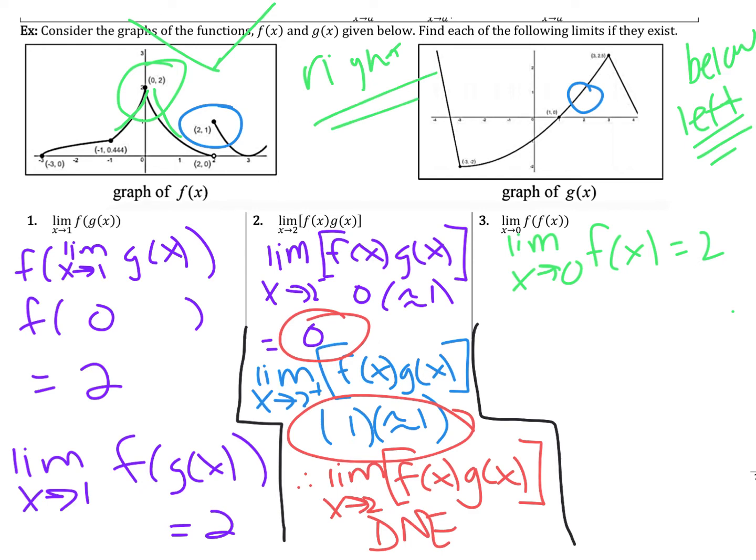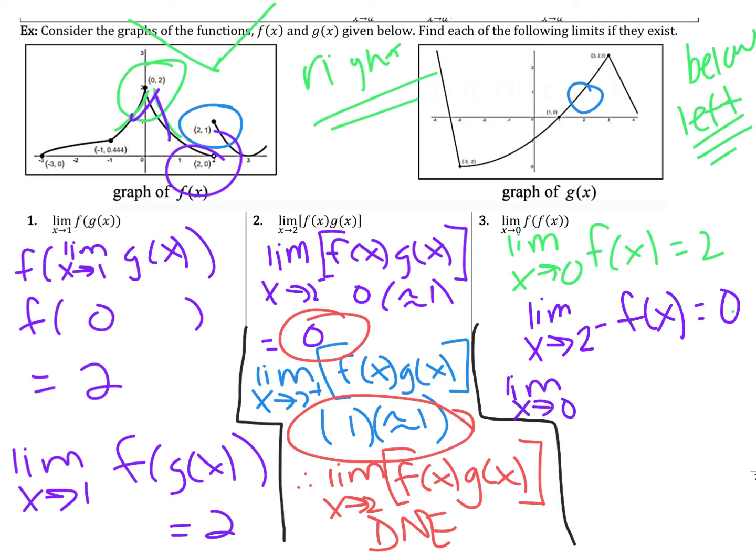So the way that we can consider this is that we can look at the limit as x approaches 0 of f of x is 2. We can then look at the limit as x approaches 2 from the left, again, because we're coming from below, of f of x. And if we come from the left, that's going to give us 0, which means that's what the limit as x approaches 0 of f of f of x is going to be.